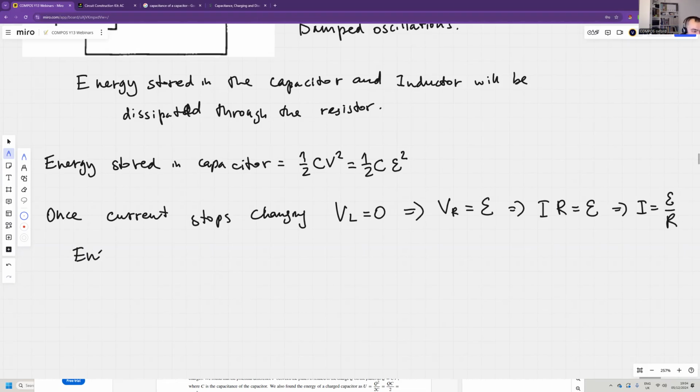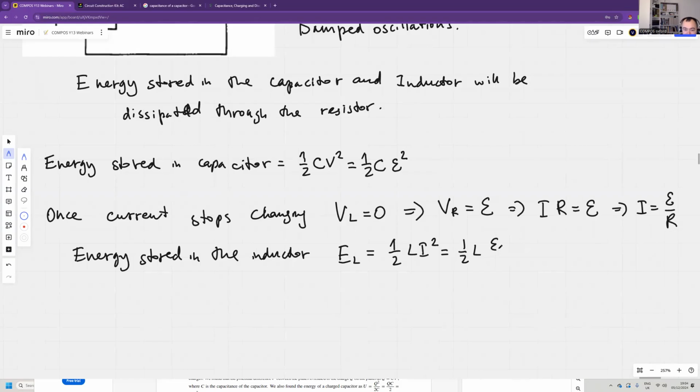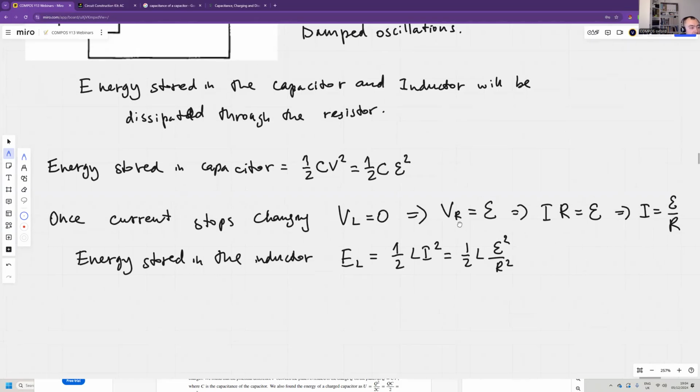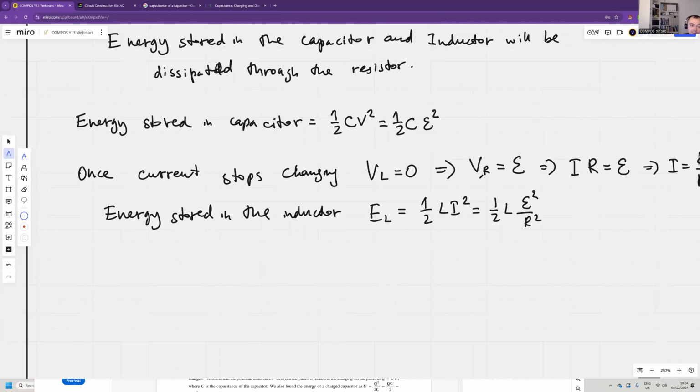So energy stored in the inductor is 1/2 L i squared, and I know that the current is EMF over R, so it's 1/2 L EMF squared over R squared, and that's it.